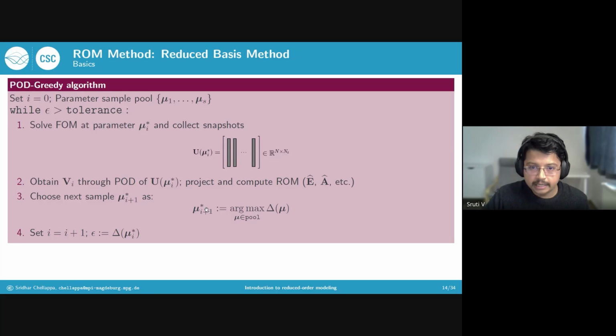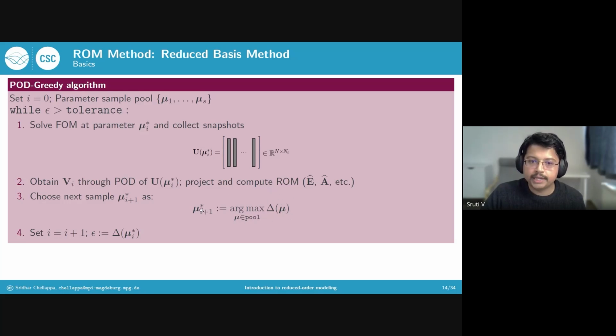Now, the next step is key because in the next step, you choose the next parameter sample where you have to solve your full order model. And how do we do this? Well, we just solve this maximization problem. So the idea is the following. You look at all parameter samples present in your pool, which is this set. And then you look for the parameter that maximizes this quantity delta mu.